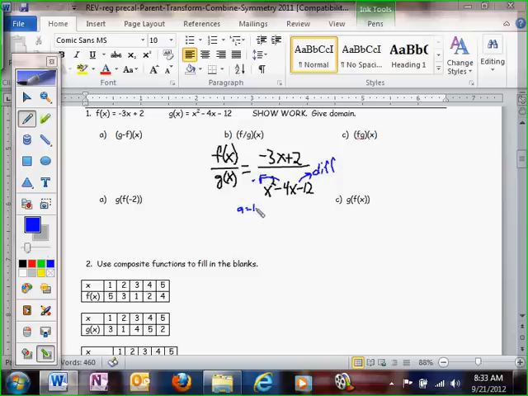A is 1, B is negative 4, and C is negative 12. Multiply A times C, you get negative 12. Remember, you don't have to worry about this negative sign here because your signs are taken care of up here. So you list the factors of 12, or each two numbers you can use to multiply together to get 12.